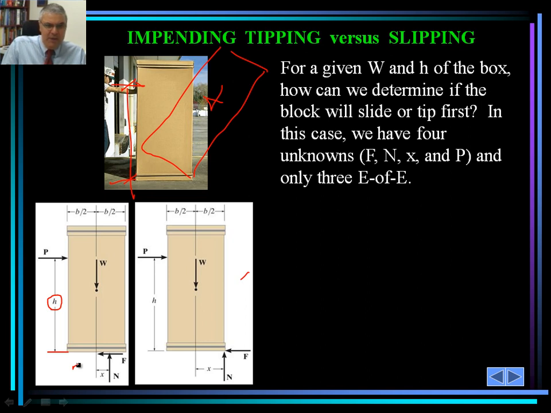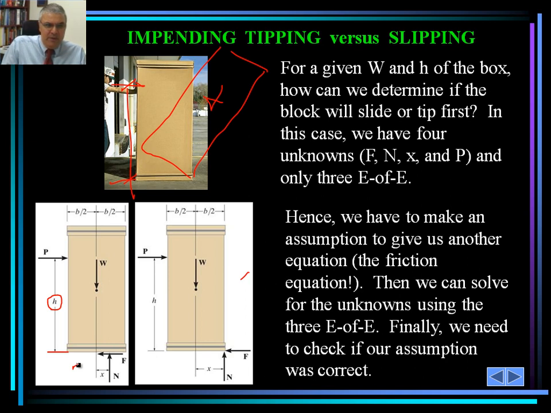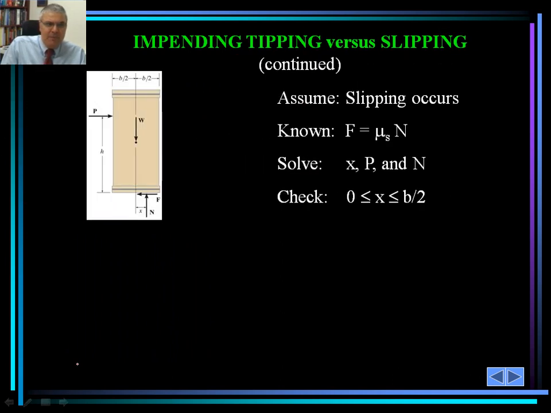F is equal to P, and W is equal to N, using the summation of equations of equilibrium. And now we need to make other assumptions here to be able to calculate the unknowns. What are some of those assumptions? Think about what are some of the assumptions that we can make here.